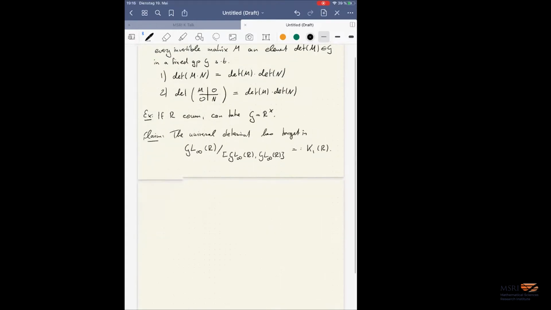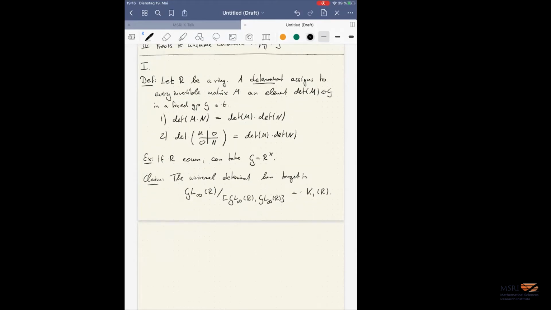If R is commutative, we see that in particular it always comes with a map to R cross, but in general there would be more. But even if it's just associative, this makes sense. Let me give a brief proof sketch. Property 1 means that we have group homomorphisms from GL_n R to G, and also from GL_{n+1} R to G. We can take an M here and send it to the block sum with identity, and this diagram commutes by property 2.